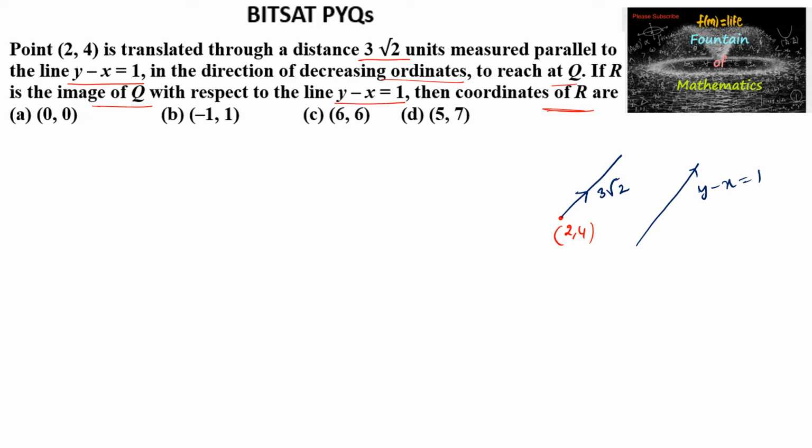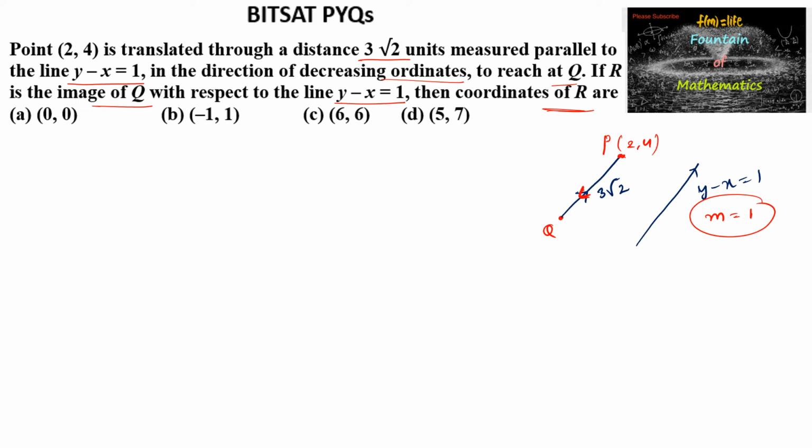In the direction of decreasing ordinate means we can consider the point is here. Let me consider the point is here, 2 comma 4. It is translated. Say this point is P, to reach at point Q. Now since it is parallel to y minus x is equal to 1, the slope is 1.